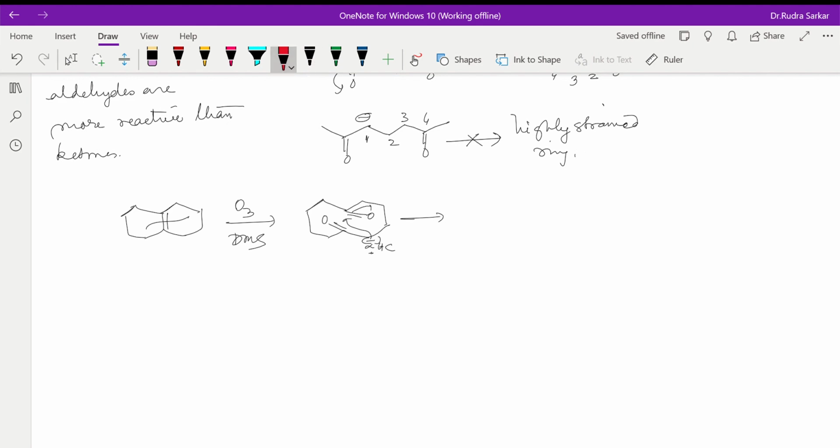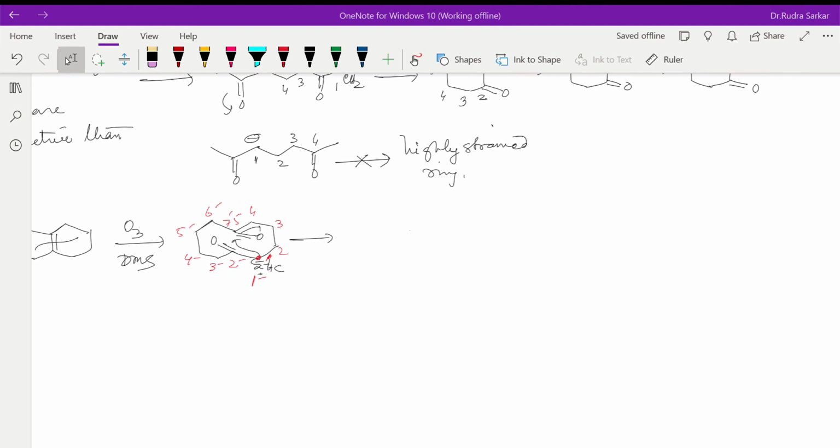So if you try to number it, so this is 1, 2, 3, 4, 5. All right. Try to count from here again using 1 prime, 2 prime, 3 prime, 4 prime, 5 prime, 6 prime, and this is 7 prime. So basically now you will be having a 5-membered ring in one side and a 7-membered ring in the other side, where you have O minus.